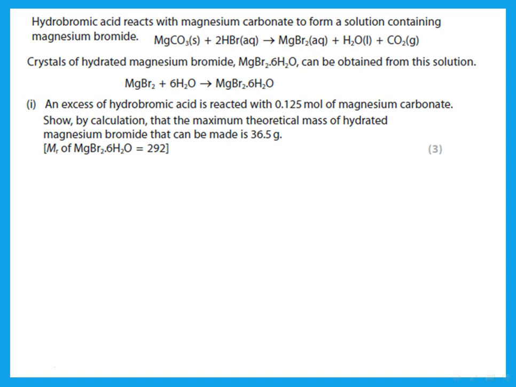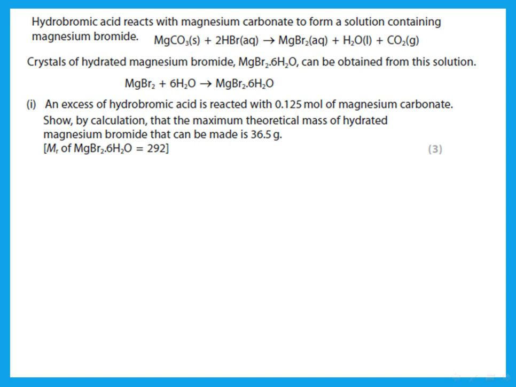So let's take a look at this question. He's saying hydrobromic acid reacts with magnesium carbonate to form a solution containing magnesium bromide. Crystals of hydrated magnesium bromide can be obtained from this solution. And the question is, an excess of hydrobromic acid is reacted with 0.125 mole of magnesium carbonate.